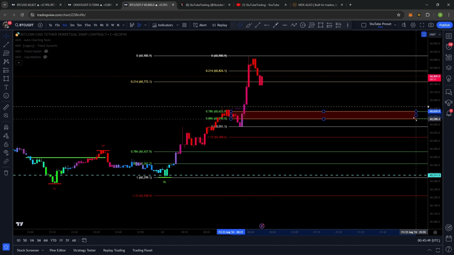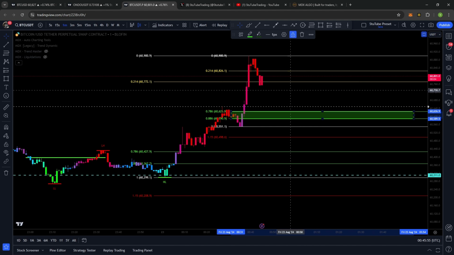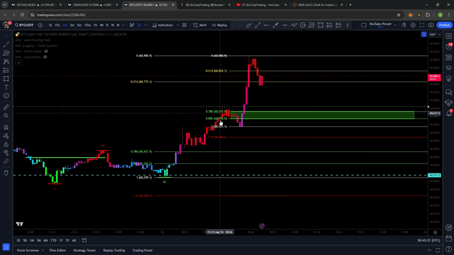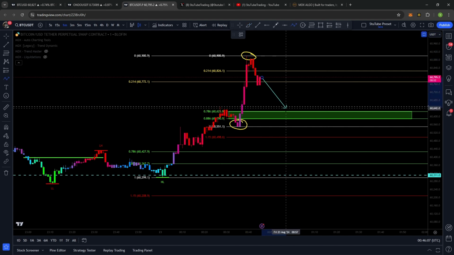So basically, the two support levels that I'm currently interested in going into the evening would be that one for this obvious STUBER fib pulled from this swing low to this swing high, in which case we'd be looking at something like so.